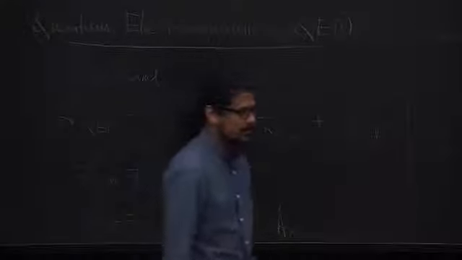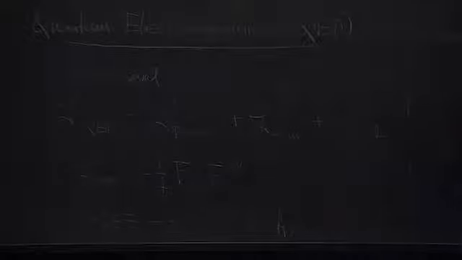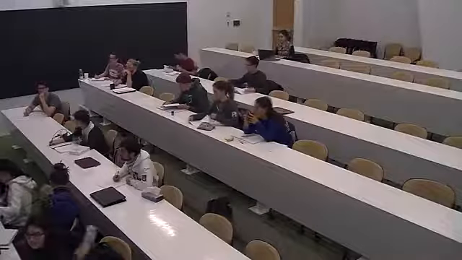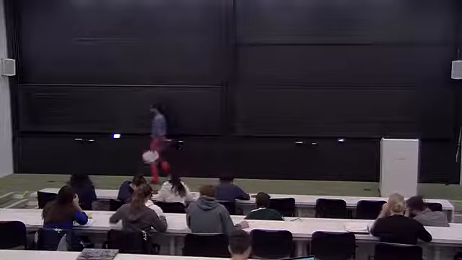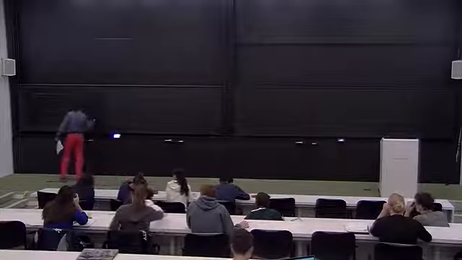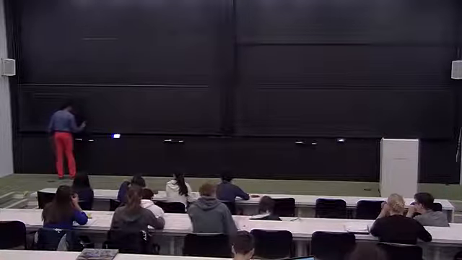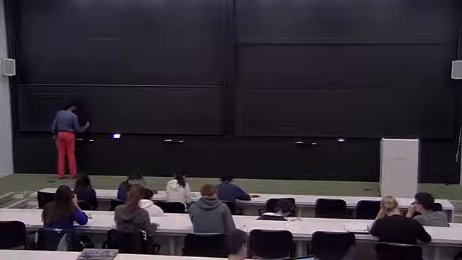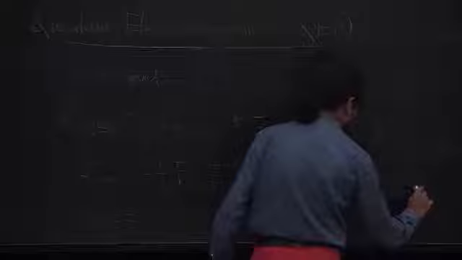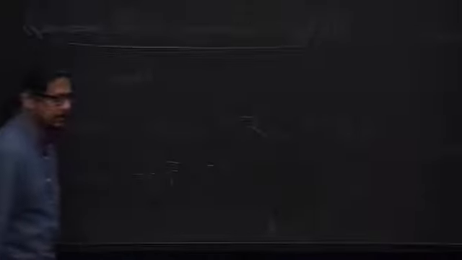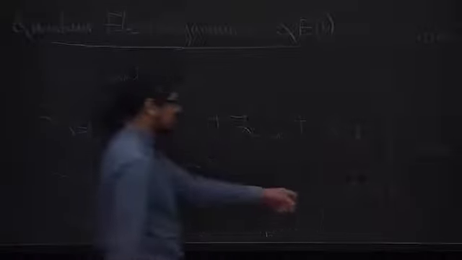Do you call it minimal because it's the easiest way to couple? That's what I call it, but mathematicians have a different definition, apparently. So why do we call it minimal? Because you could imagine some other kind of coupling. For example, suppose you had something like this. That could also be a coupling, but that wouldn't couple to the conserved current.